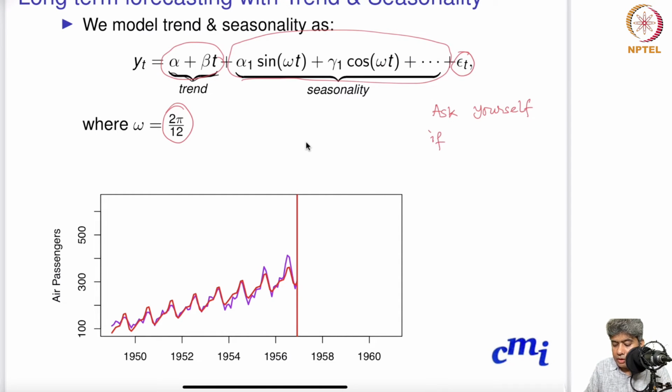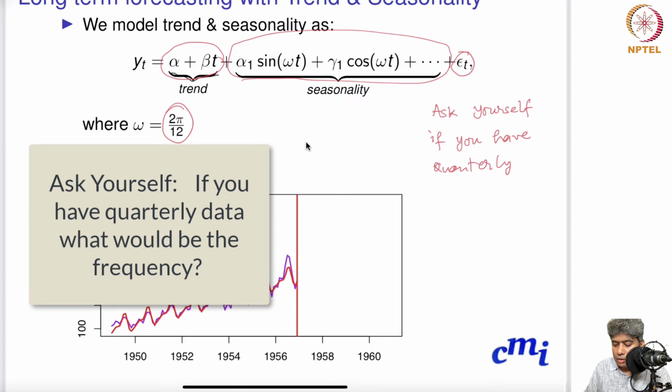If you have quarterly data, what would be your omega or frequency? So 2 pi by what, which value should you use?